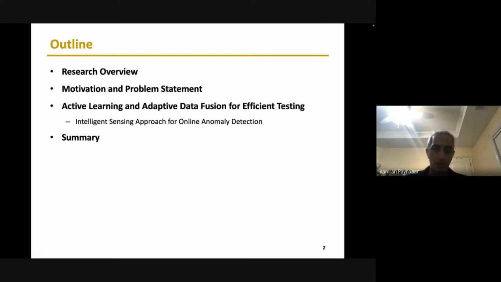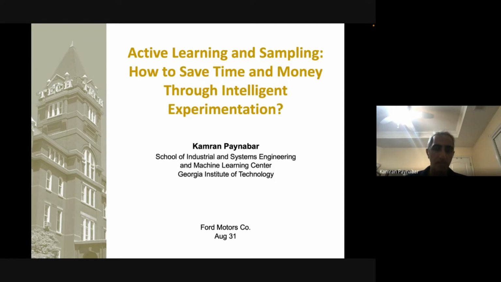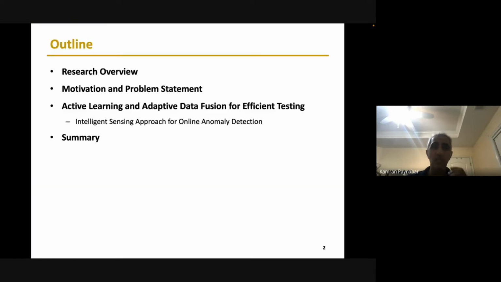Today, I would like to talk about a topic that is very specific, which is part of a bigger scheme of active learning and sampling. I will talk about this because it has some aerospace application. But before that, I want to talk about the big picture of my research, the motivation and problem statement.